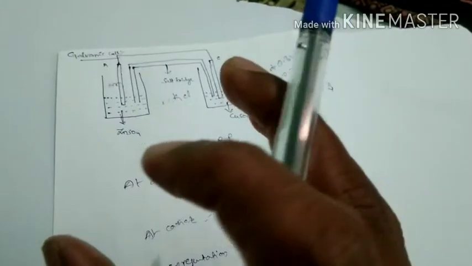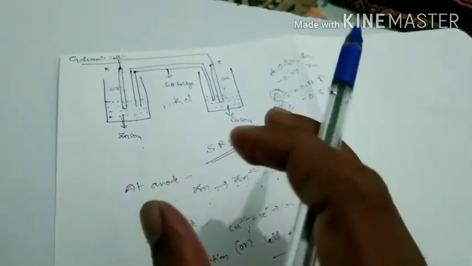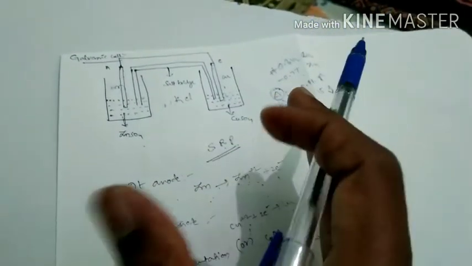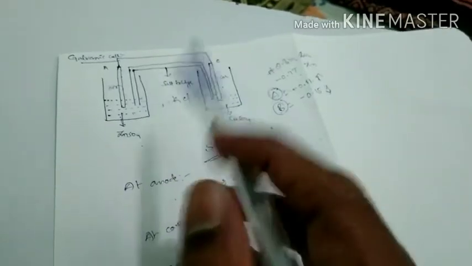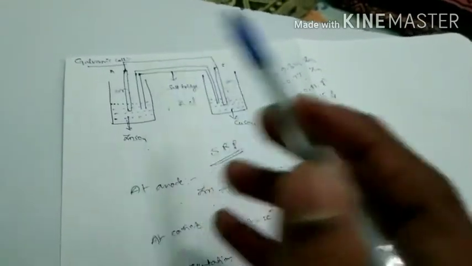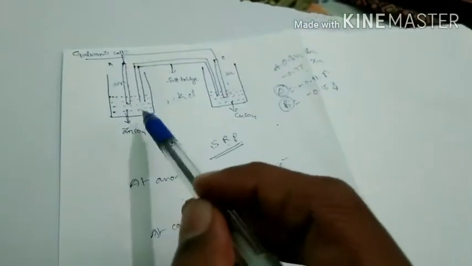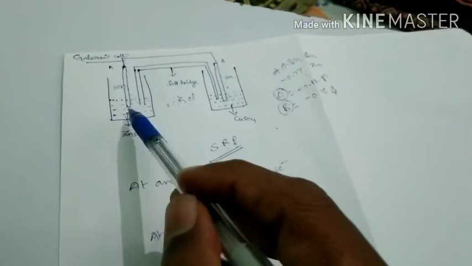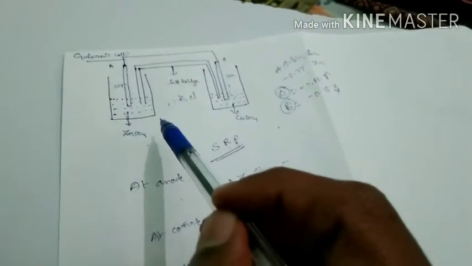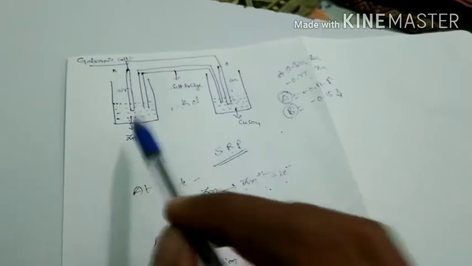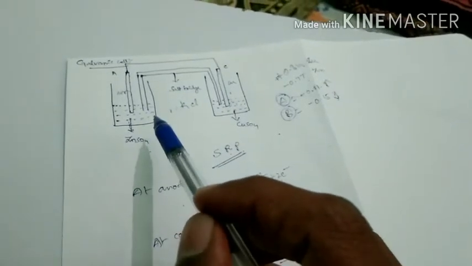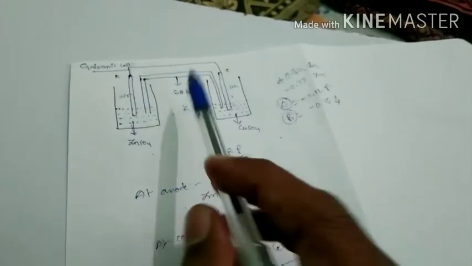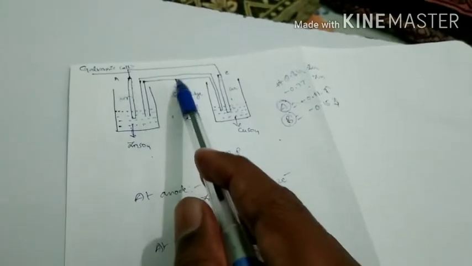Only if the number of positive ions is equal to the number of negative ions does stability take place. So to maintain electrical neutrality, that means to maintain stability, we should take a salt bridge.